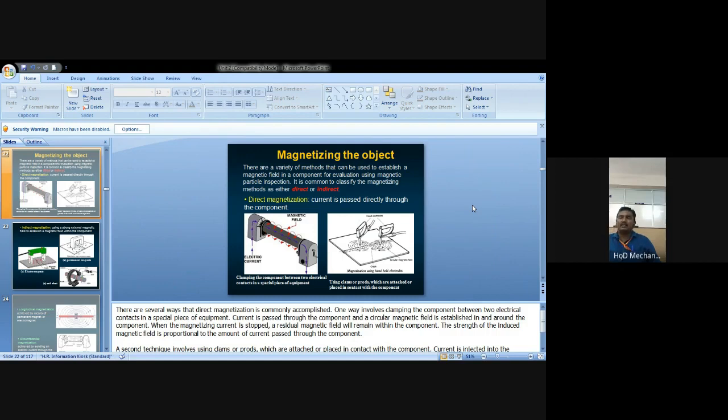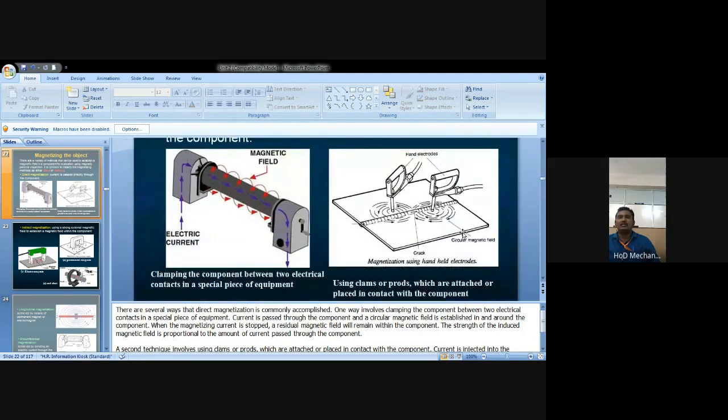In direct magnetization, the current is passed directly through the component. The first one is clamping the component between two electrical contacts in a special piece of equipment.